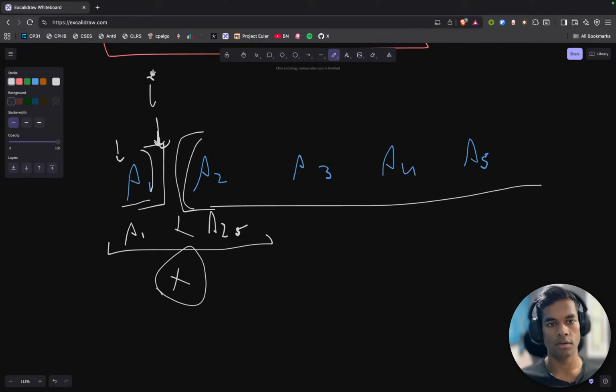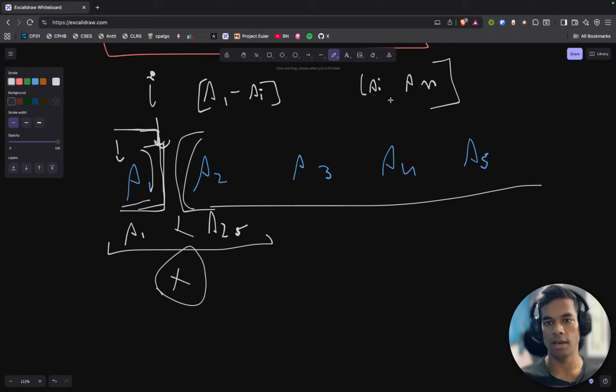So we are finding the best possible number of scalar multiplications on all the matrices from A1 till AI inclusive, and the best number of scalar multiplications from AI till AN, the last matrix. Here AI is not inclusive, AN is included.